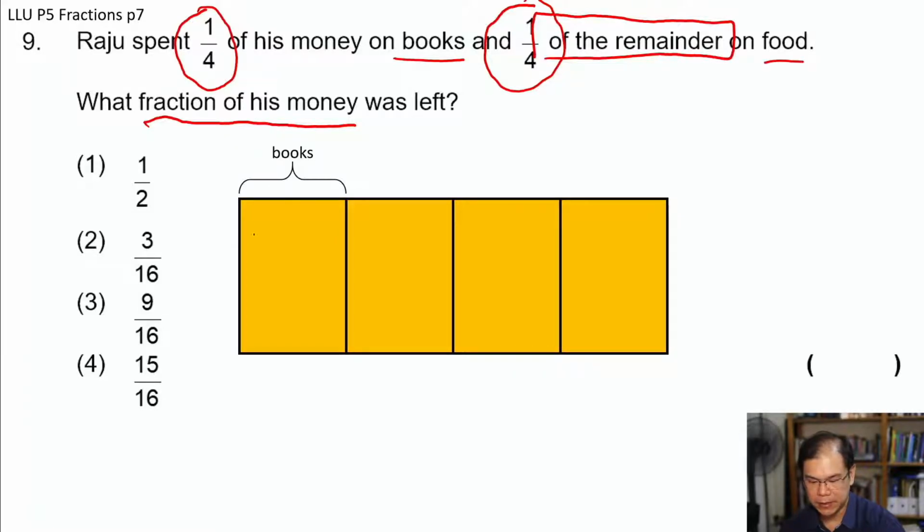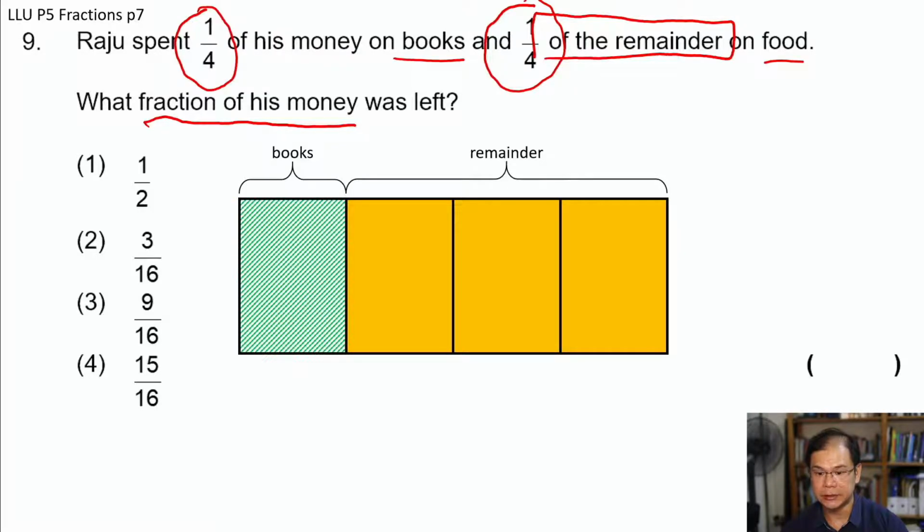After spending this on books, here must be my remainder, isn't it? And how do I show 1 out of 4 of the remainder? This is how I will show it in this model.